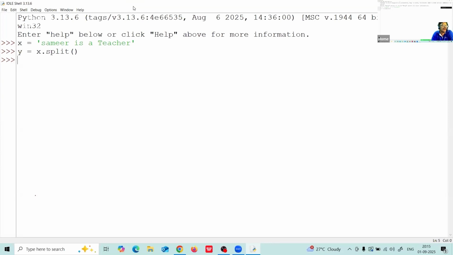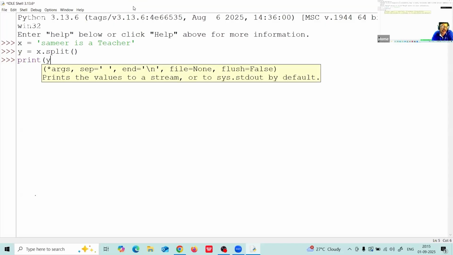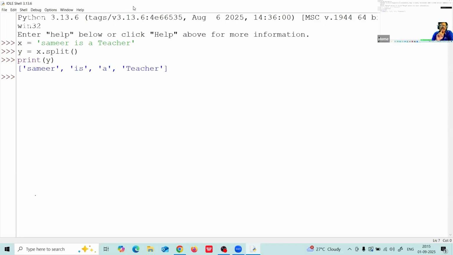Fine. Now I will first try to print y. Let's see what y is storing. Just be careful while checking how y looks. Y is 4 words, Samir, then comma, is, then comma, a, then comma, teacher. 4 words enclosed in the square bracket. Check this, square bracket open, square bracket close.